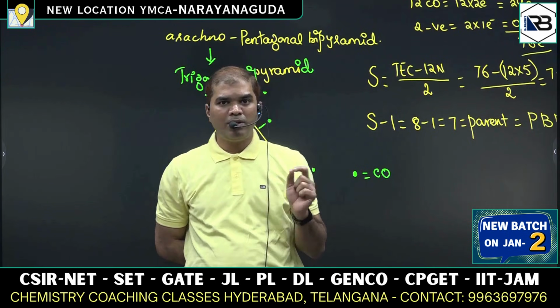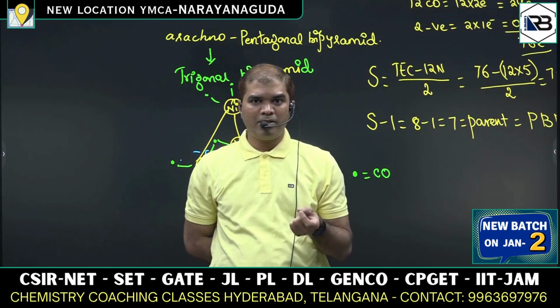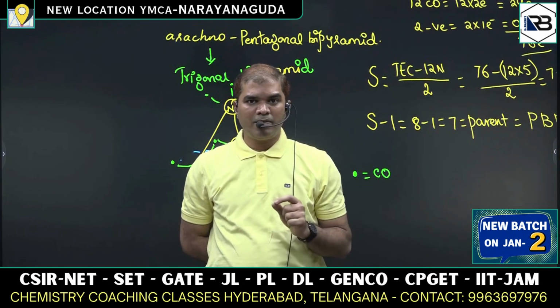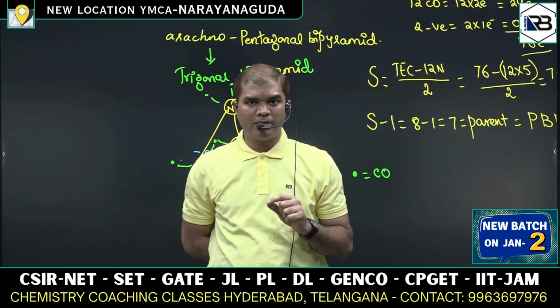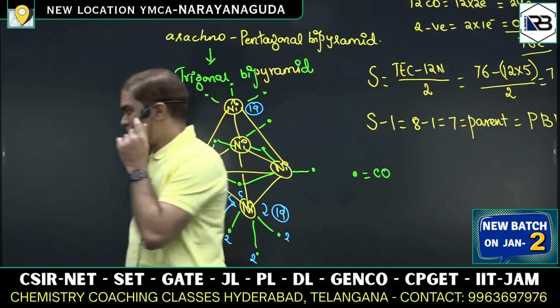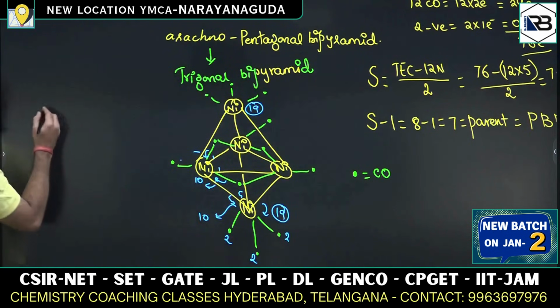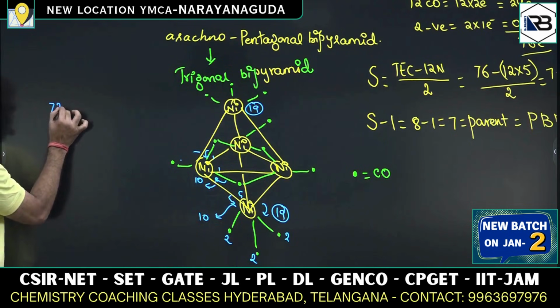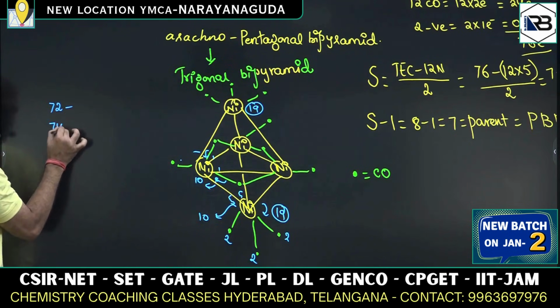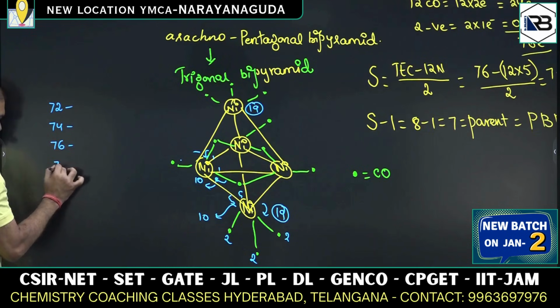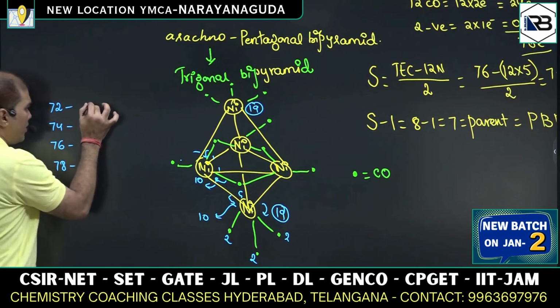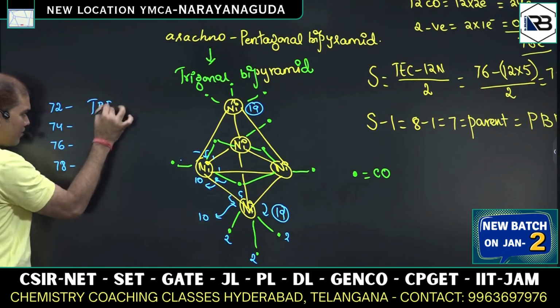It comes under low nuclear carbonyl clusters in some literature, whereas in some other literature it is given as high nuclear carbonyl cluster. But we have some magic numbers. According to those magic numbers, if I get a total electron count of 72, the geometry is generally taken as TBP.